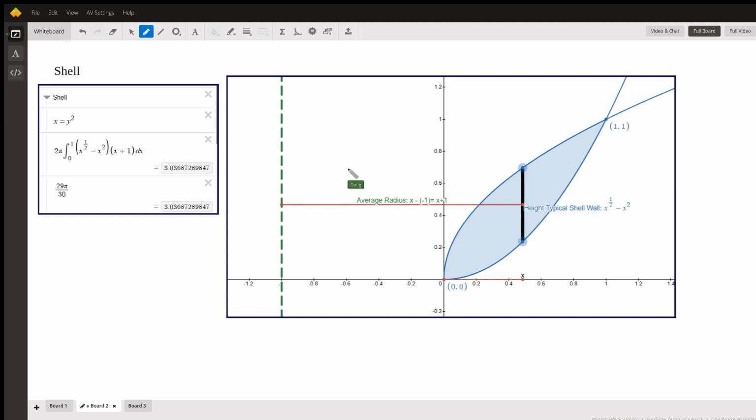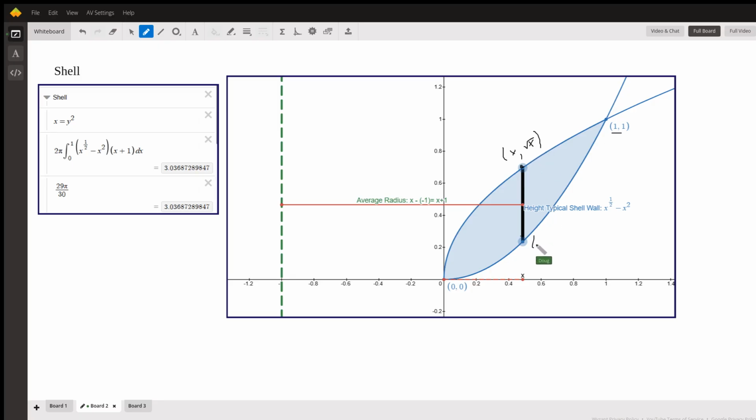So here's what the shell method looks like. Here's your typical shell wall. And we need the height of the shell, which is, for every x between 0 and this 1 right here, the y coordinate of this point at the top is square root of x, or x to the 1/2.